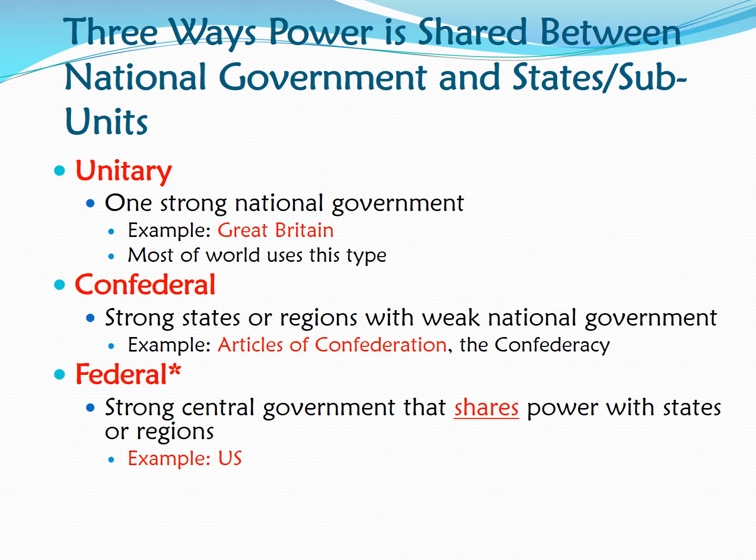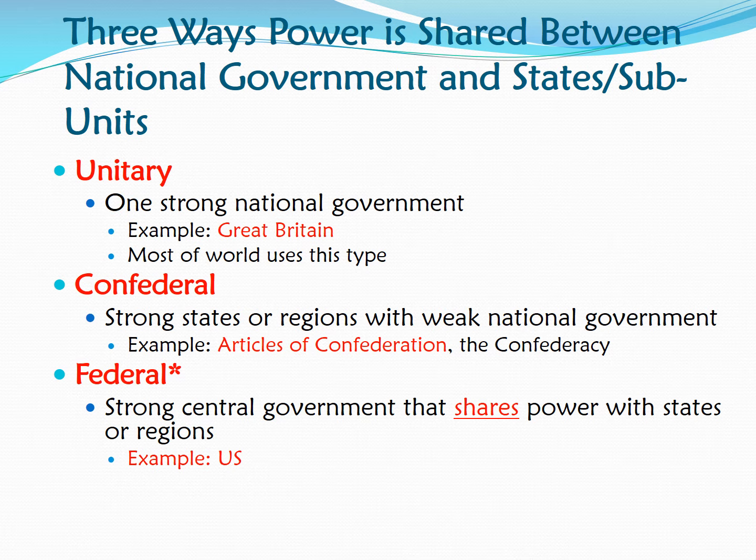In our case, representative democracy or republic. And obviously that's what the founders were leaning towards when they came to meet to write the Constitution. The question became, how are we going to properly distribute the power between the national and state government? So this slide shows you some of the different options that they had to consider.